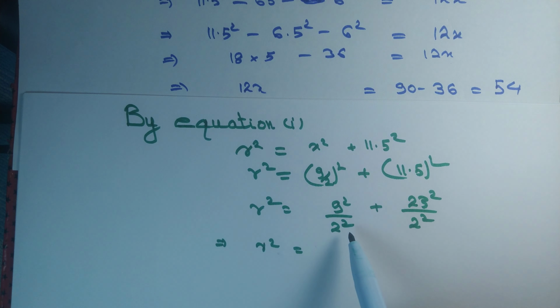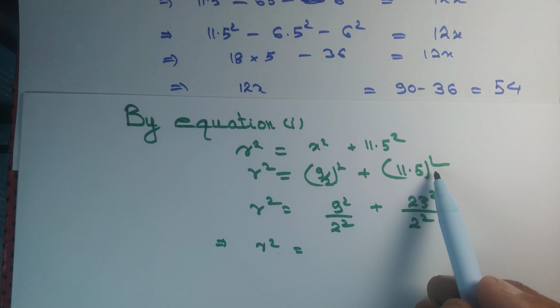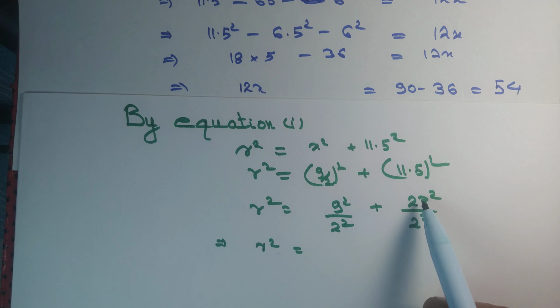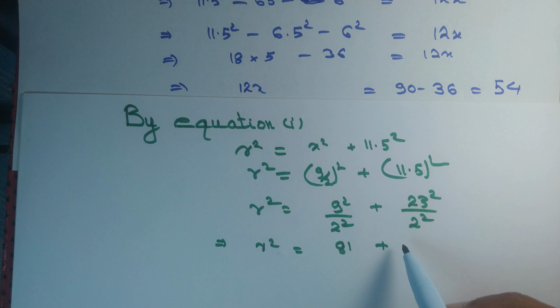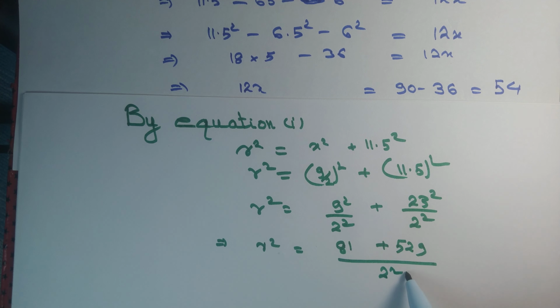So 9 square by 2 square as it is, 11.5 is nothing but 23 by 2, so 23 square by 2 square. 9 square is 81 and 23 square is 529, divided by 2 square, and that's equal to 610 by 2 square.